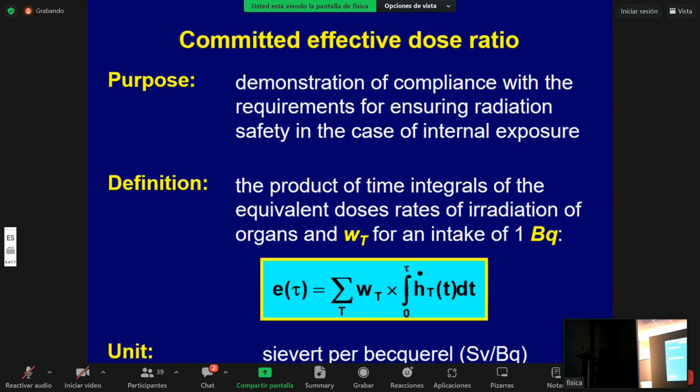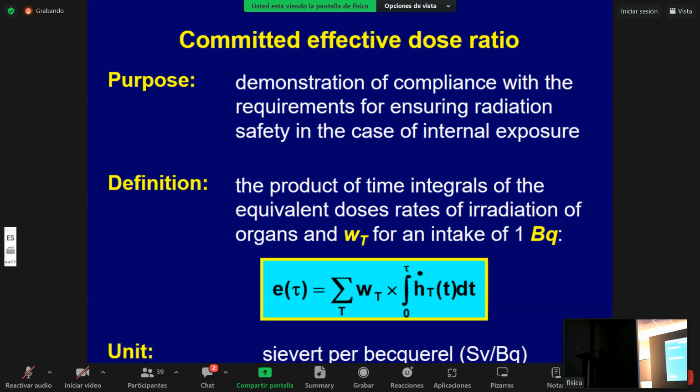0 is the moment of intake, and H dot is the equivalent dose rate in the organ or tissue type T at time t. Type T is capital T and t is small letter, meaning time after the intake of 1 becquerel of the radionuclide.